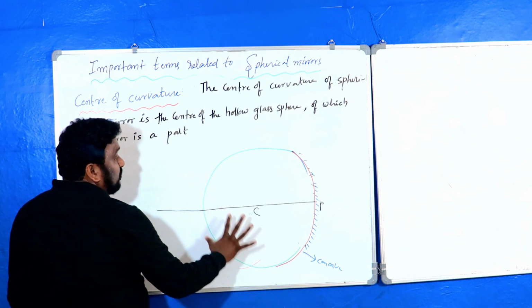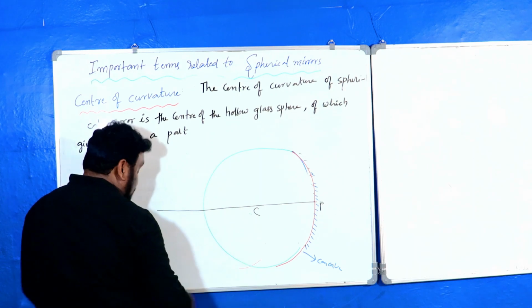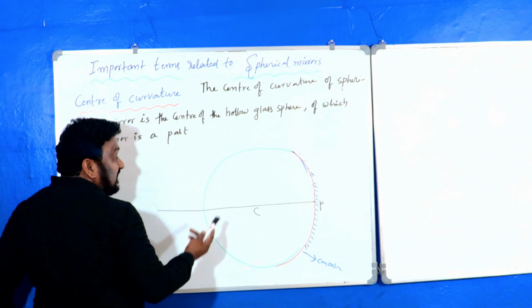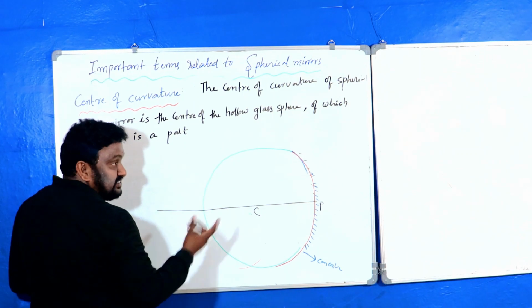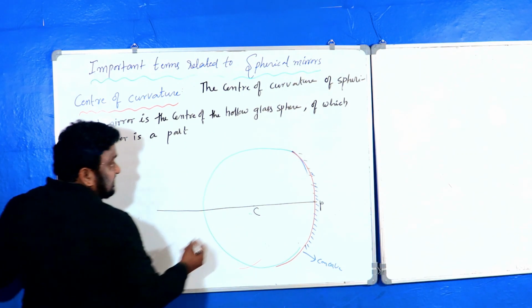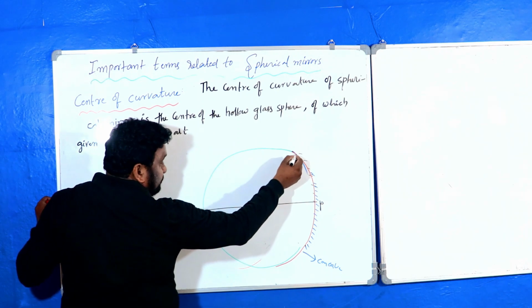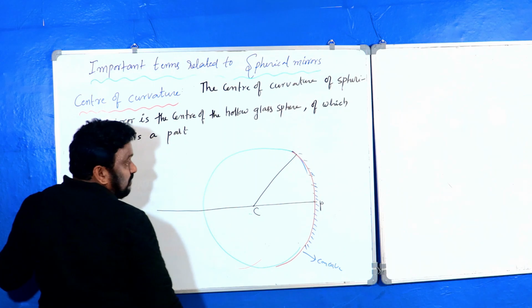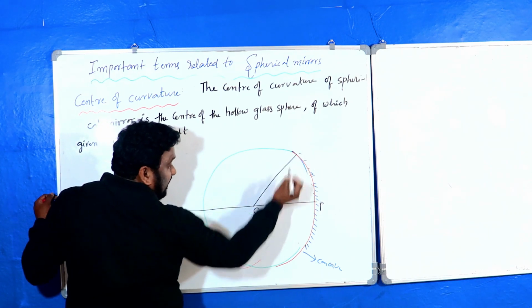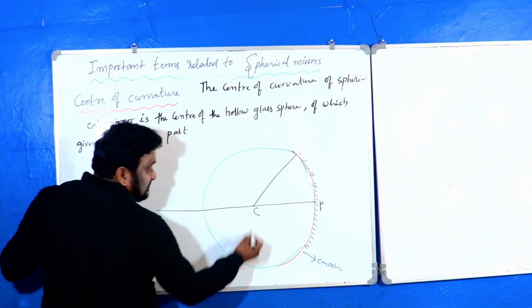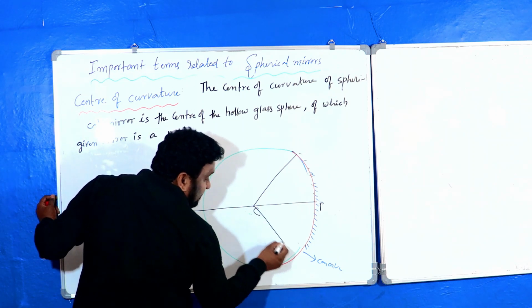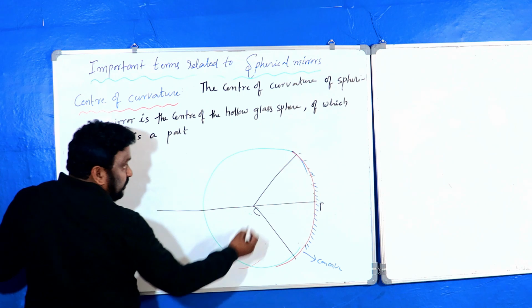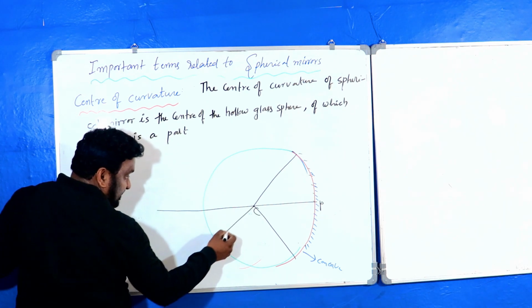So this is simply about the center of curvature. And one more thing we have to remember: in another way also we can define the center of curvature. Now, this is a normal line, one normal line drawn from the reflecting surface, and this is another normal line.